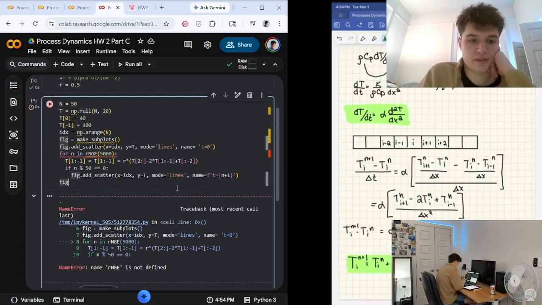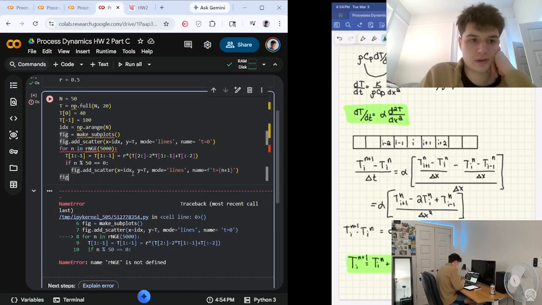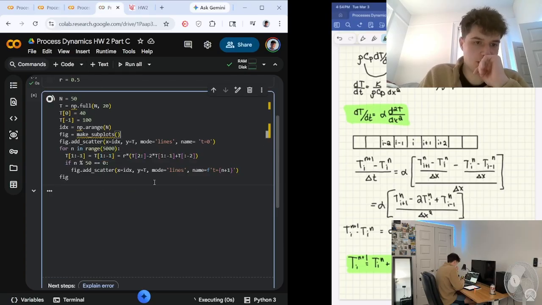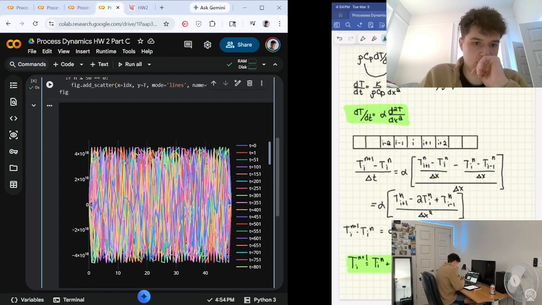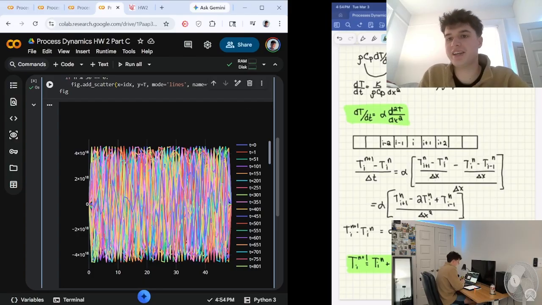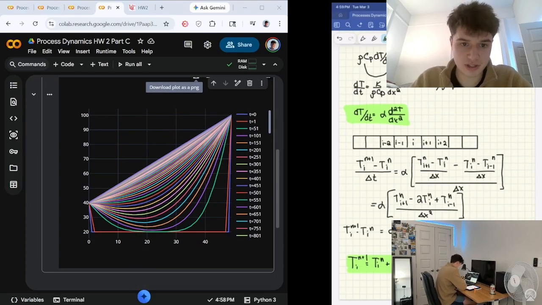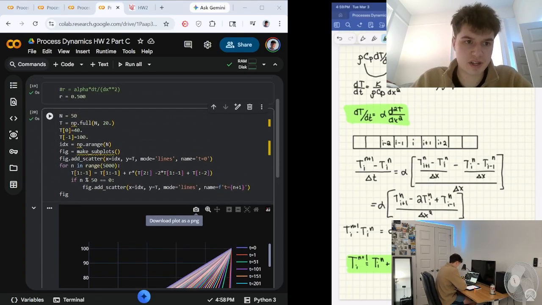Oh, I have an error. Oh, I must hit... There we go. Let's run all now. Oh boy, all right. So we're going to take a second and figure out how to explain this. Okay, so as you can see, our graph actually did work here. Took some fixing.